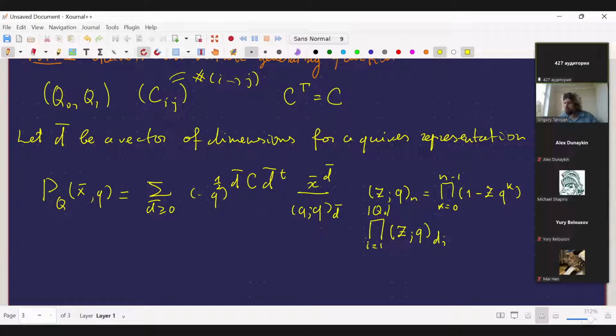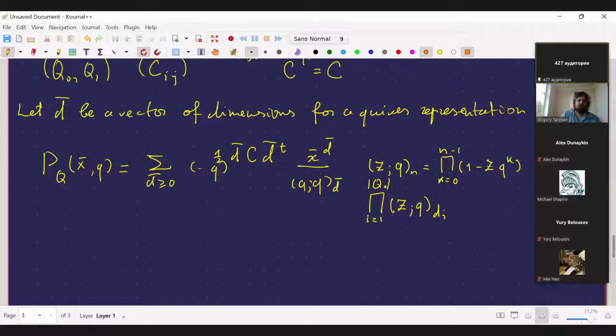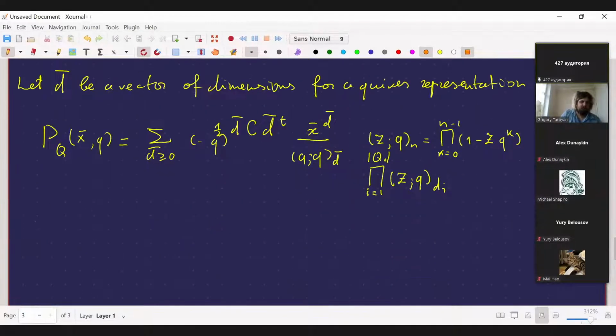Okay. So this was kind of short. Okay, so the HOMFLY-PT polynomial for quivers and knots.